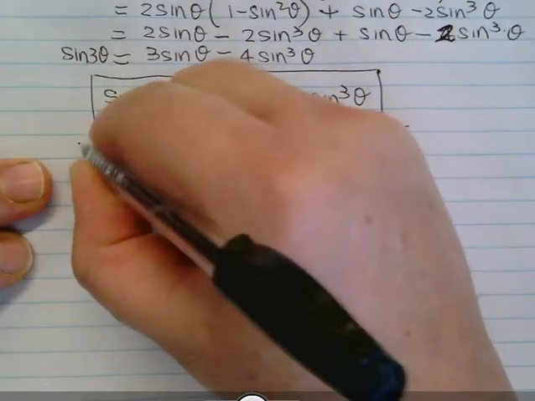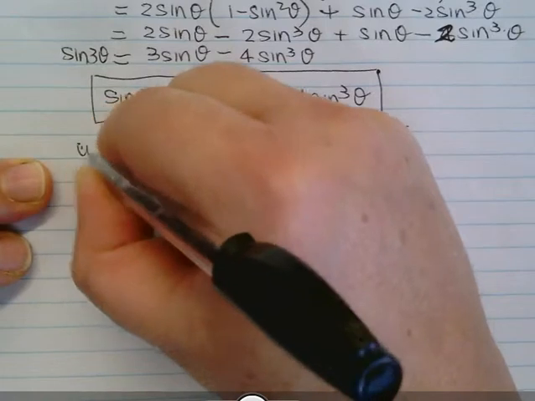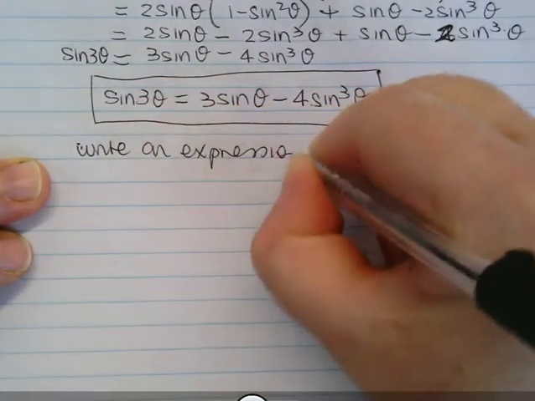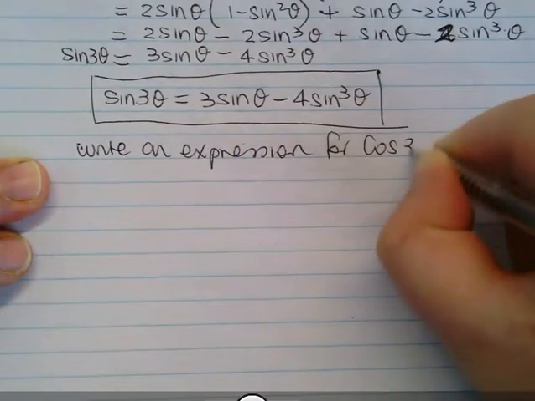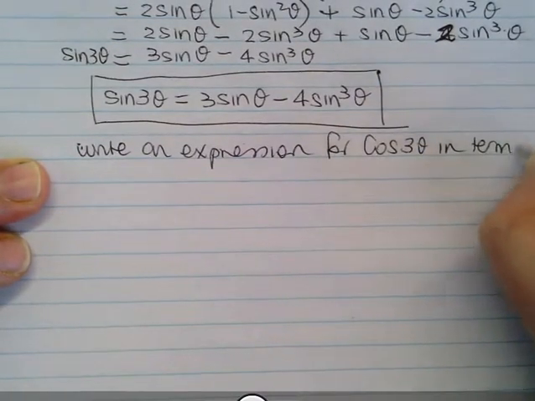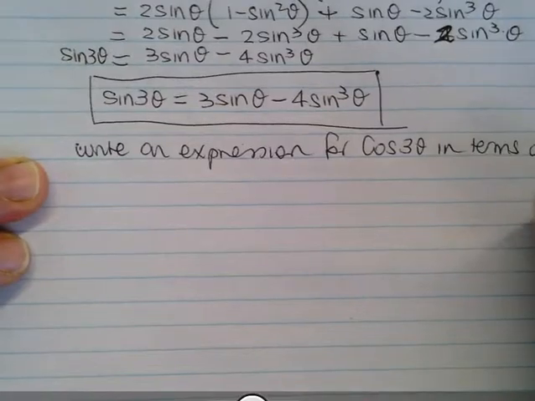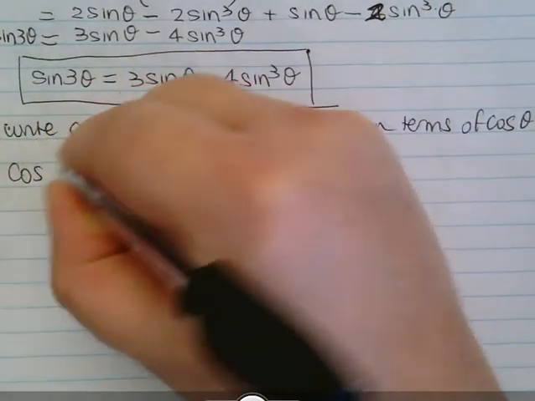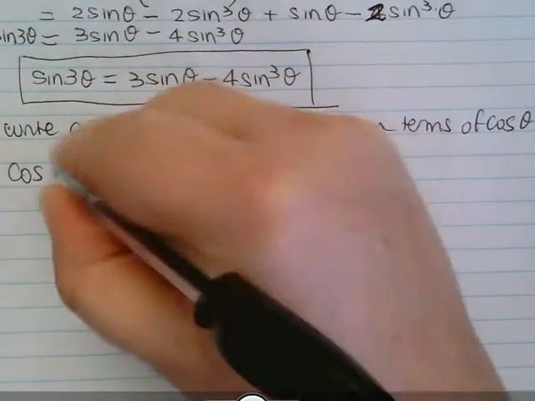Now we're going to do the same thing for cos 3 theta. So write an expression for cos 3 theta in terms of cos theta. We're going to start off the same way.